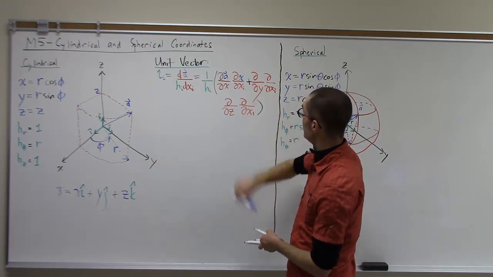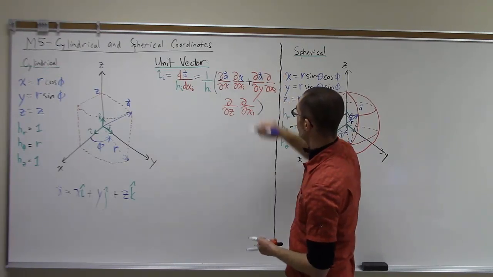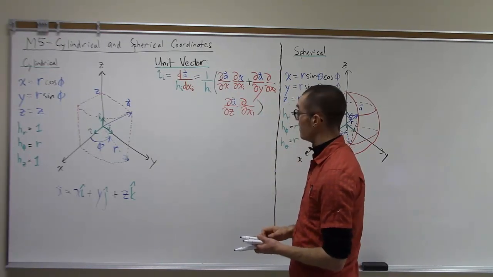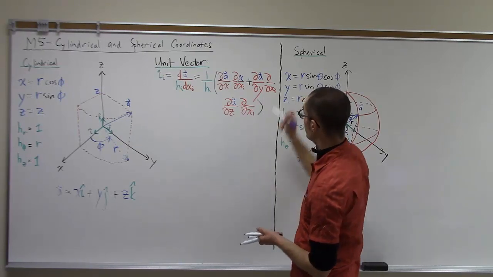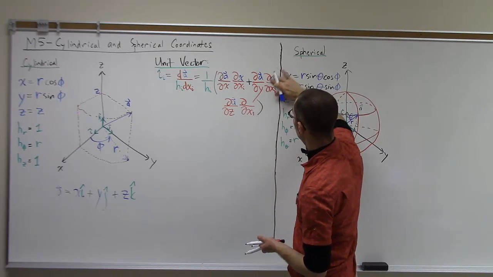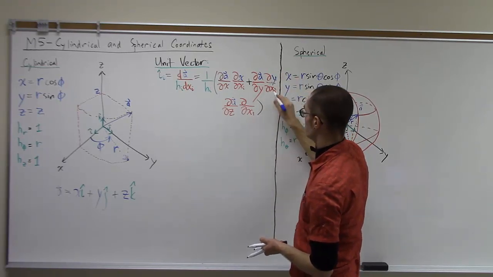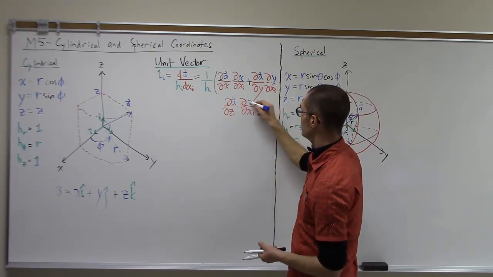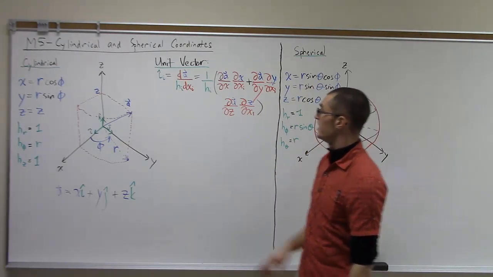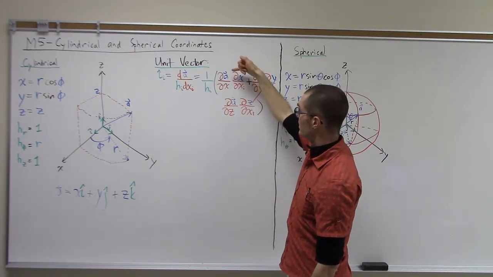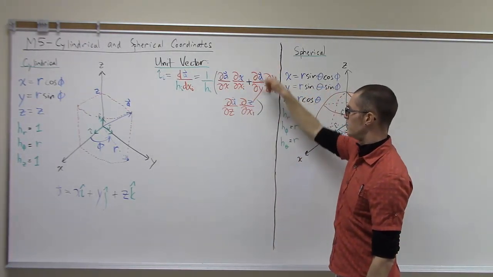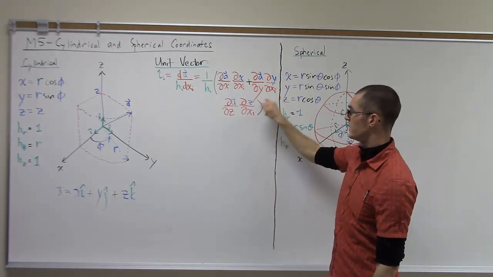Okay, so in each case, I'm taking the partial derivative of the vector A with respect to the Cartesian coordinate, and then multiplying it by the partial derivative of the Cartesian coordinate with respect to the coordinate that I'm interested in. So I'm expanding this out using the chain rule, right? So dA by dxi is dA by dx times dx by dxi plus dA by dy times dy by dxi, and so on.